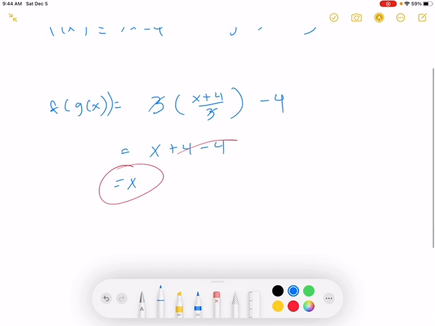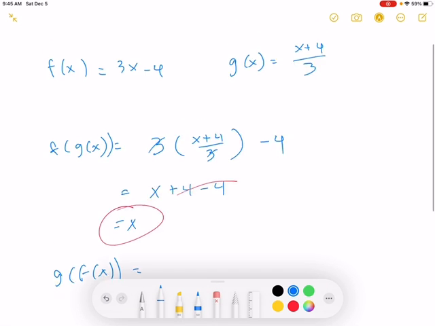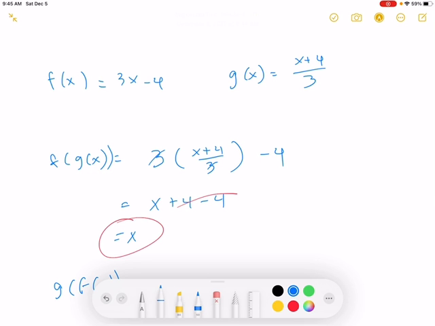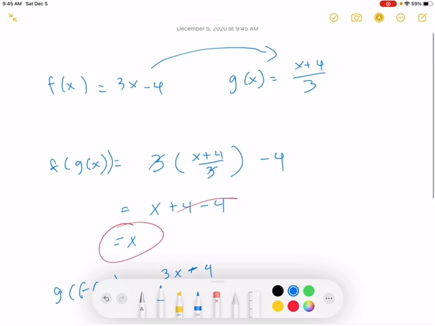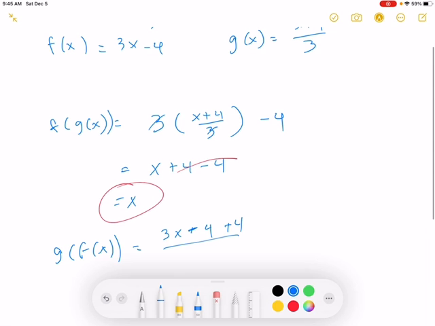We need to do g of f of x. We plug f into g. So x plus 4, instead of x, I'm going to plug in f, and then plus 4 over 3. So the plus 4's cancel.